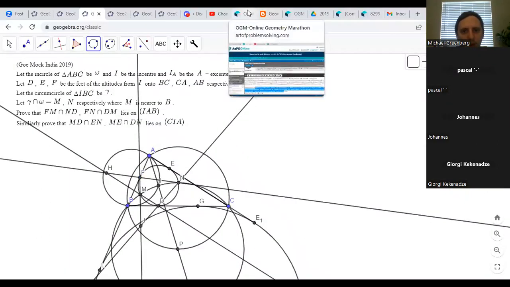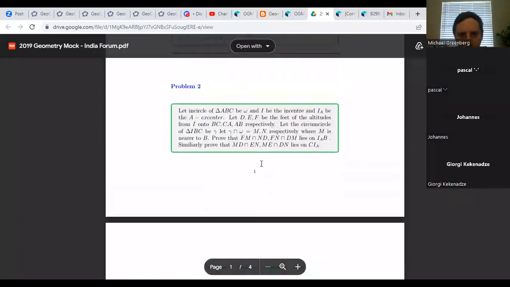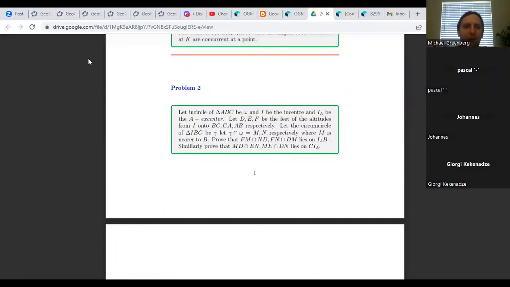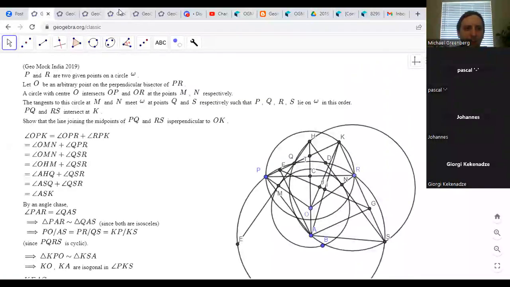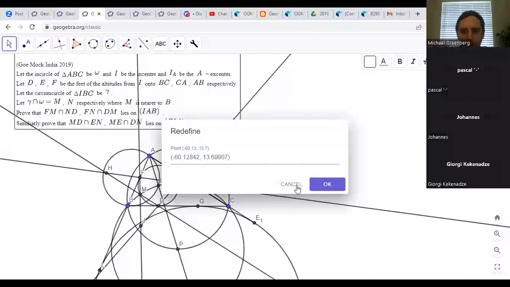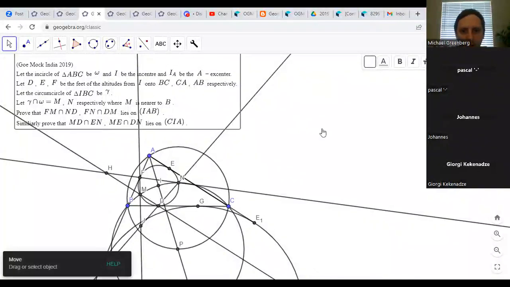So let's see. Here is the original problem. Lies on IAB. Okay, that's where I messed up. Okay, so the problem should really be, dang it.